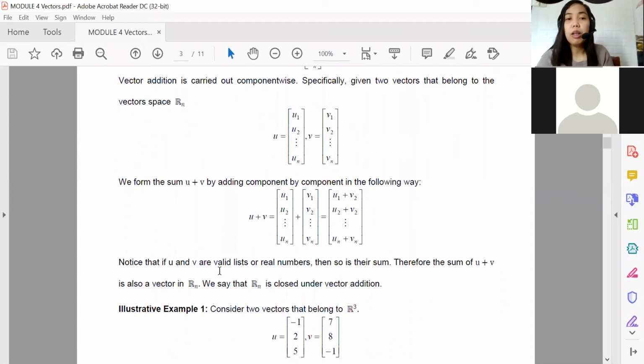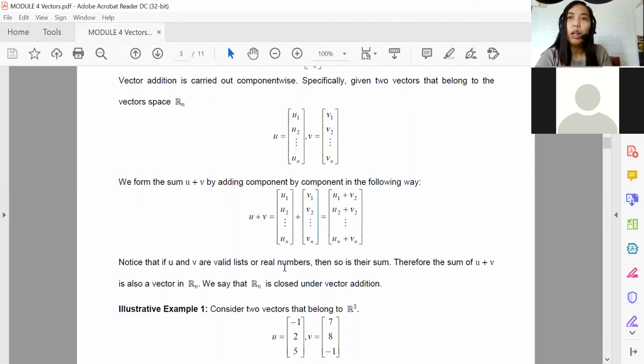Notice that if u and b are valid lists of real numbers, then so is their sum. It means that since this is vector space Rn, all elements are real numbers. So we know that we can add real numbers, and we have the closure property.